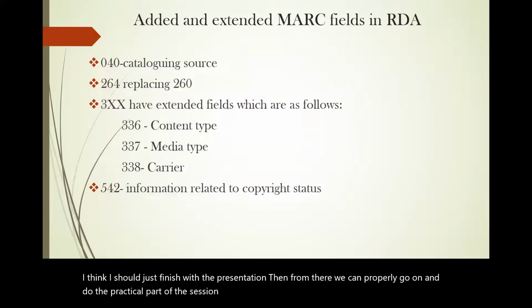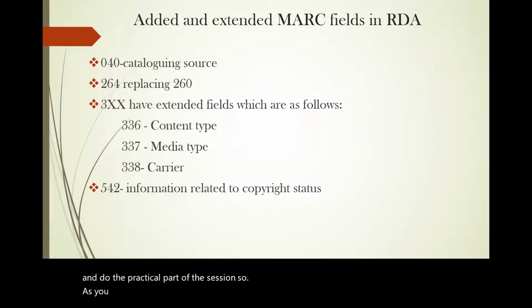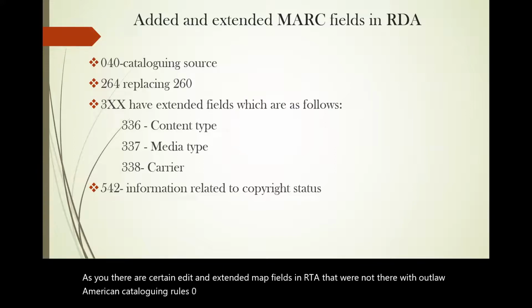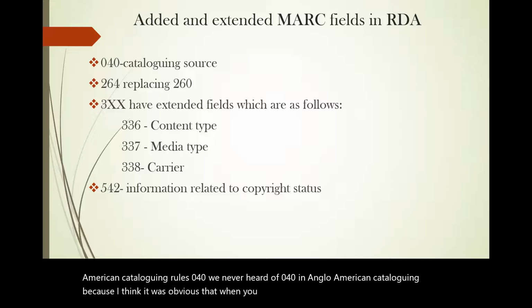As you know, there are certain added and extended MARC fields in RDA that were not there with Anglo-American Cataloguing. We never had a 040 in Anglo-American Cataloguing, because it was obvious that when you are cataloging in a library setting, you are going to use AACR2.